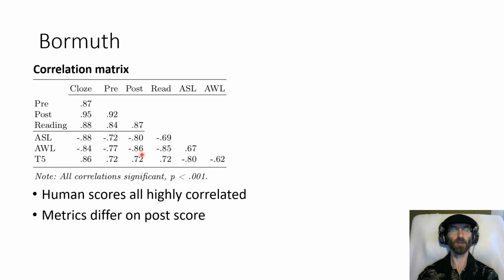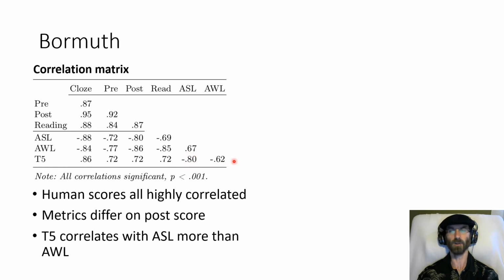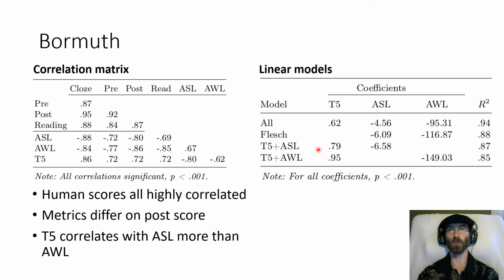And then if we come down here, we can look at how T5 is correlated with ASL and AWL. And we can see that T5 is much more correlated with ASL than AWL, but strongly correlated with both.